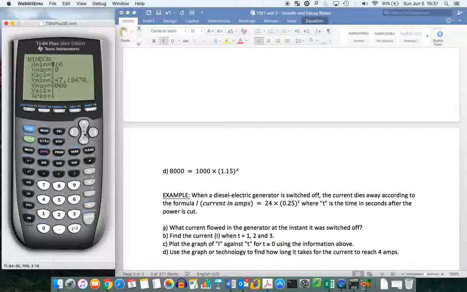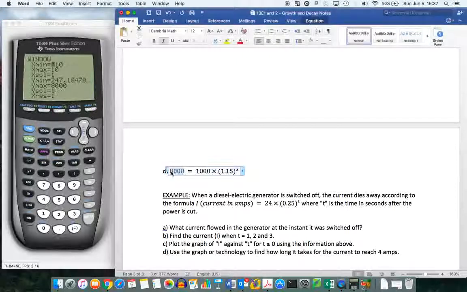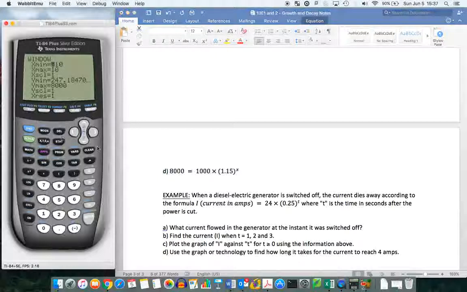So right now, the calculator thought the best zoom was at Ymax 8,000. Yes, well, that's going to be correct because you need to be able to see y is equal to 8,000. Unfortunately, it's not across enough for us to see where it intersects. There's no point in us seeing negative 10 on the x-axis because we know the intersection is far to the right.